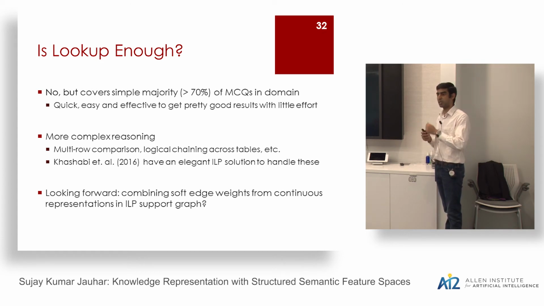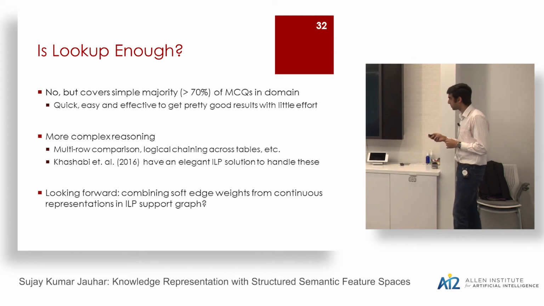And I just saw a recent follow-up to that work at an ACL paper, I think. Very cool work. Looking forward, we were hoping to do it in the internship, but we didn't get to it, was basically combining these two things: assigning soft edge weights to the ILP support graph from continuous representations.